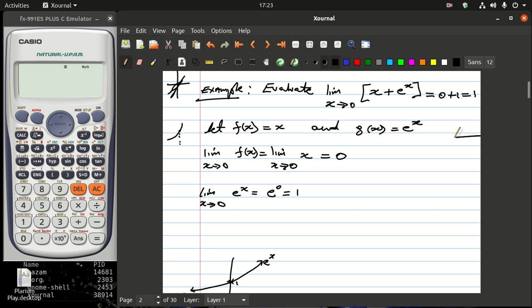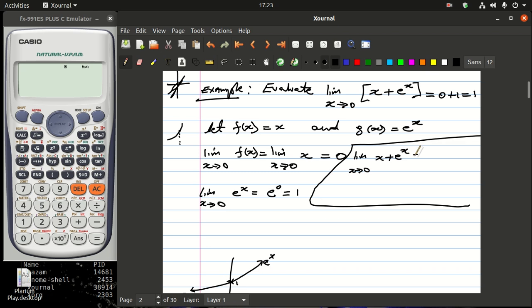Like I said in the beginning of this lesson, for the limit as x approaches 0 of x plus e to the power x, the first thing you do is just plug in and see what you're getting. If I'm plugging in 0 here, I will end up having 0 plus e raised to 0, which is equal to 0 plus 1, which is equal to 1.